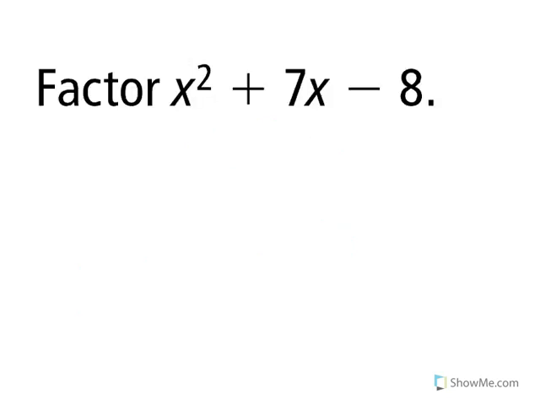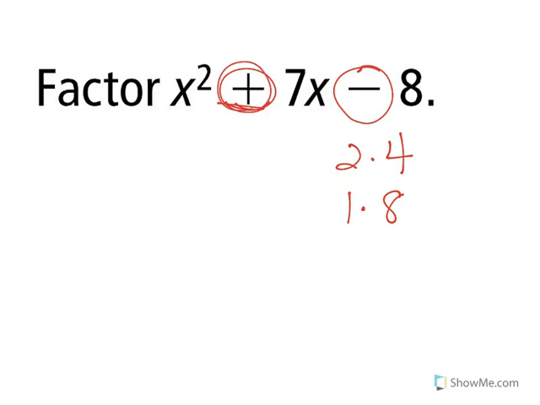Let's do another example. You know what? I just realized, oh well. I need to make up an example here in a minute. Okay, so B is positive, C is negative. What goes into 8? 2 and 4, 1 and 8. That's about it, okay? B is positive, which means the bigger one is positive, so the smaller one is negative.